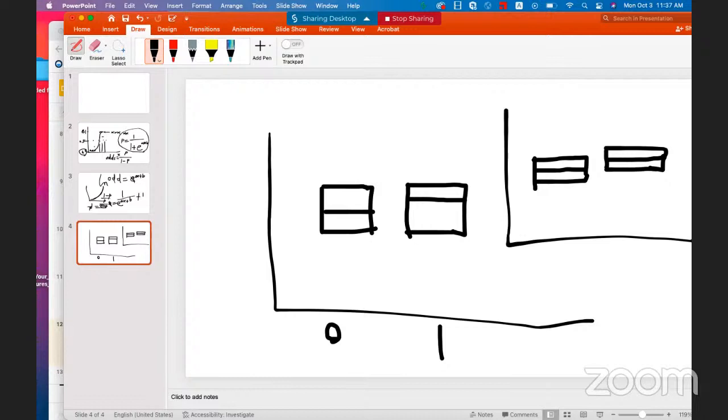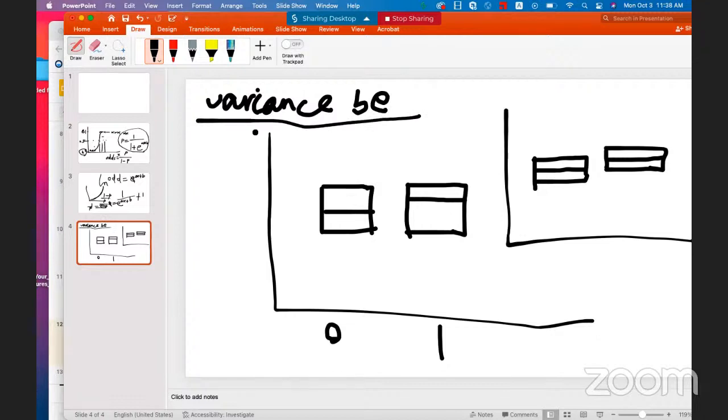So how ANOVA calculates this is it calculates the variance between the groups, I just write it, and the variance within the groups.